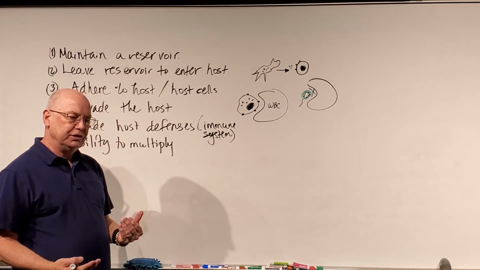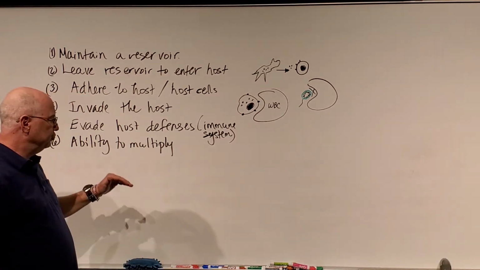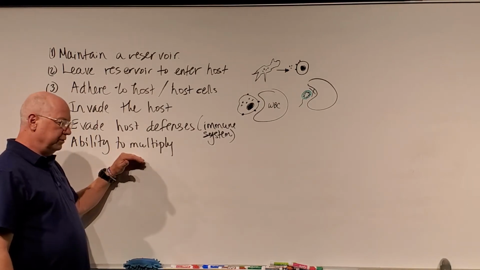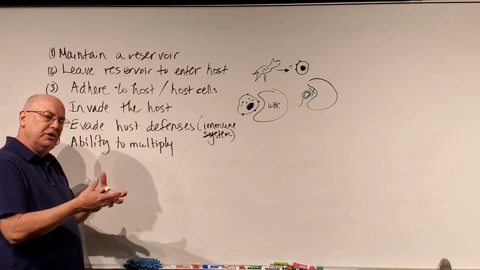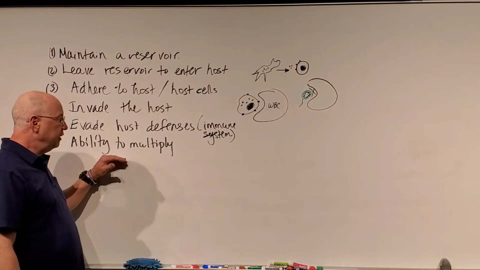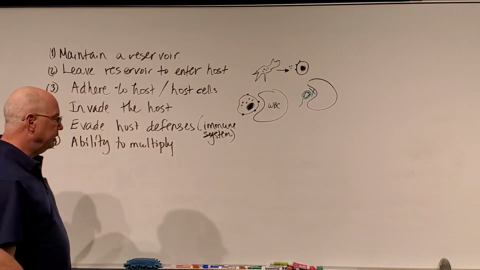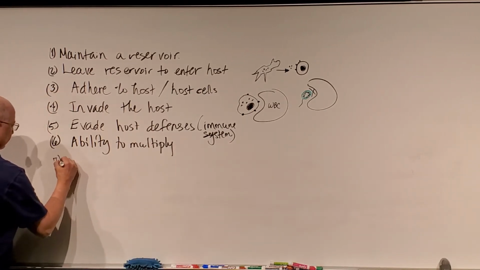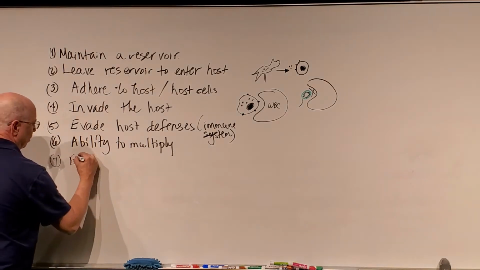And so there's a thing called the infectious dose and the ID50, which we'll go over in a minute. And in order to cause illness, there's a certain number of bacteria that must, or a pathogen that must enter your body. Or if a low number does, they can multiply inside the body and then cause the illness. Okay? And then finally, the last step is they have to have the ability to exit and return to a reservoir.